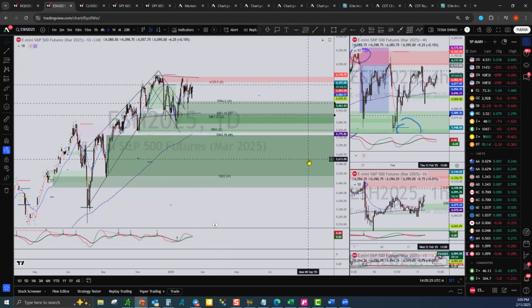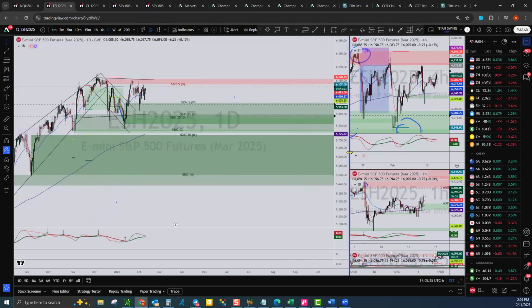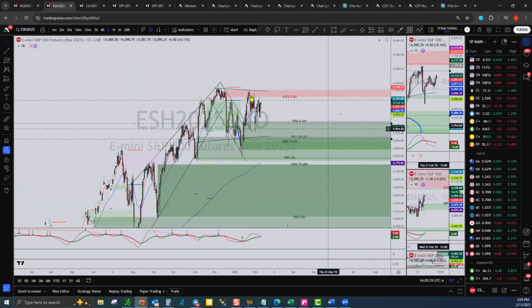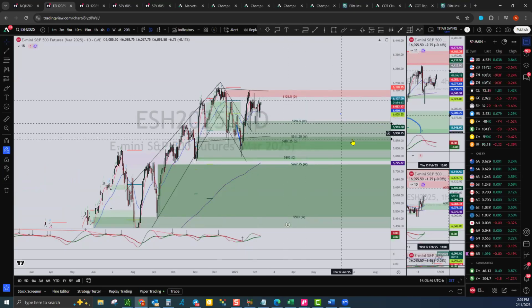We use it both ways. I'll break down how we use these for entry points, but we also use them for exit points, okay? What we're trying to do when we get into a trade is take it from level to level. What these zones represent is multi-time frame analysis.